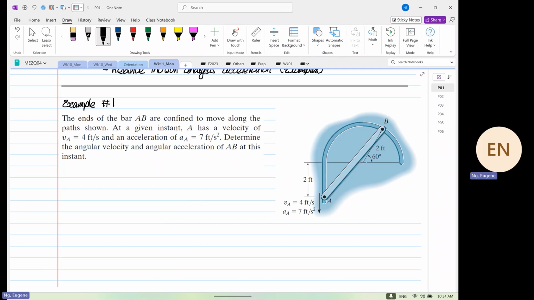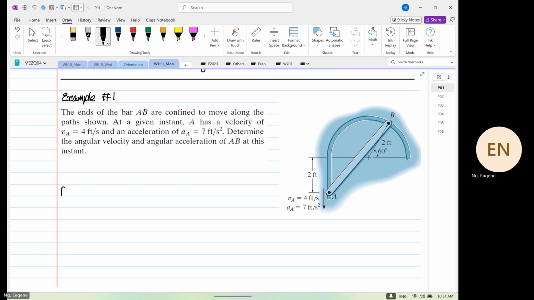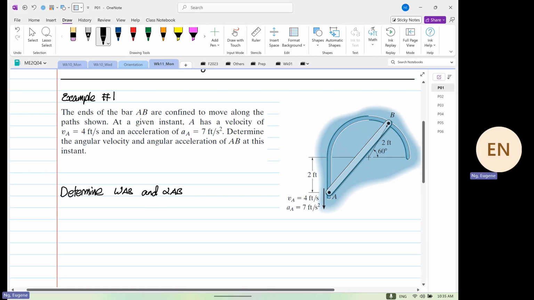So there are two things that we are going to do over here. We are going to determine omega AB, and we are also going to determine alpha AB.